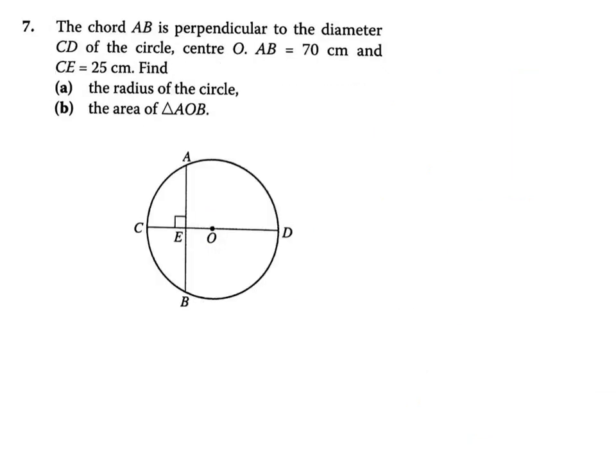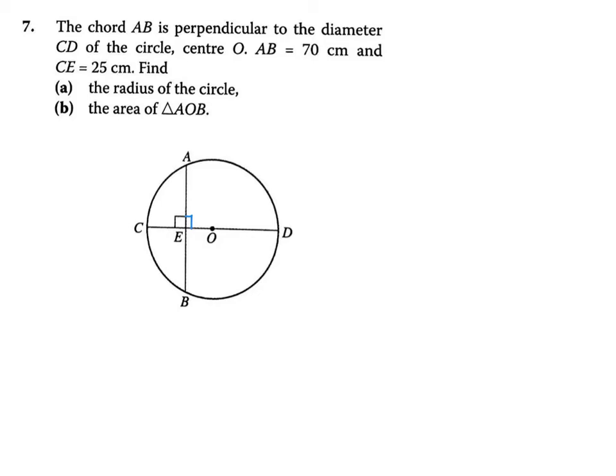Question number 7. The chord AB is perpendicular to the diameter CD of the circle, center O. Now take note, AB is perpendicular to CD, so I will have a 90 degree over here. AB is 70 cm.